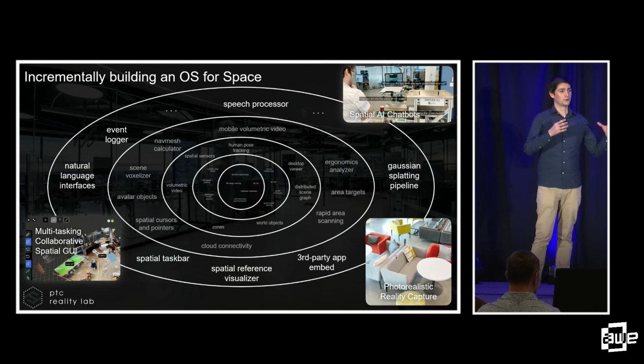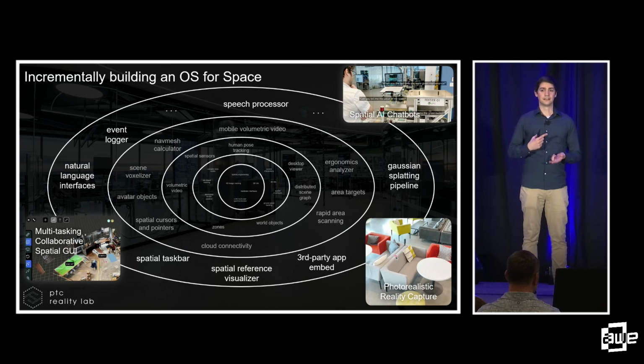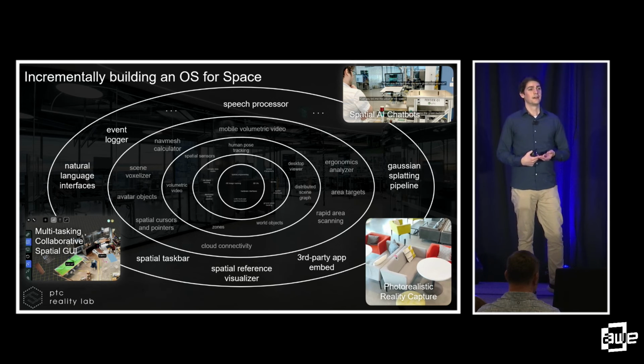But I think that is what we're becoming closer and closer to realizing with this platform that we're building, is this platform that can handle both that world-centric perspective on spatial computing, as well as the human-centric perspective on spatial computing, and a platform that is built on web standards. It's open and it's extensible, and really can be used to enable XR more widely. And yeah, that's what I have for today.